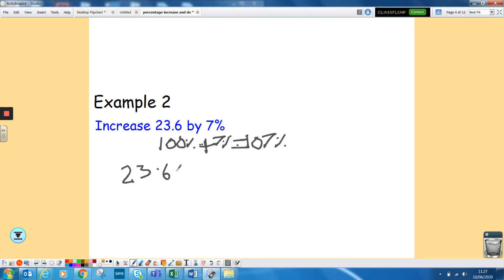So we have 23.6 multiplied by 107%, which is 1.07. Now, if you struggle with any of the percentages to decimals, just divide by 100. Put that into your calculator, so 23.6 times 1.07 gets you 25.252.